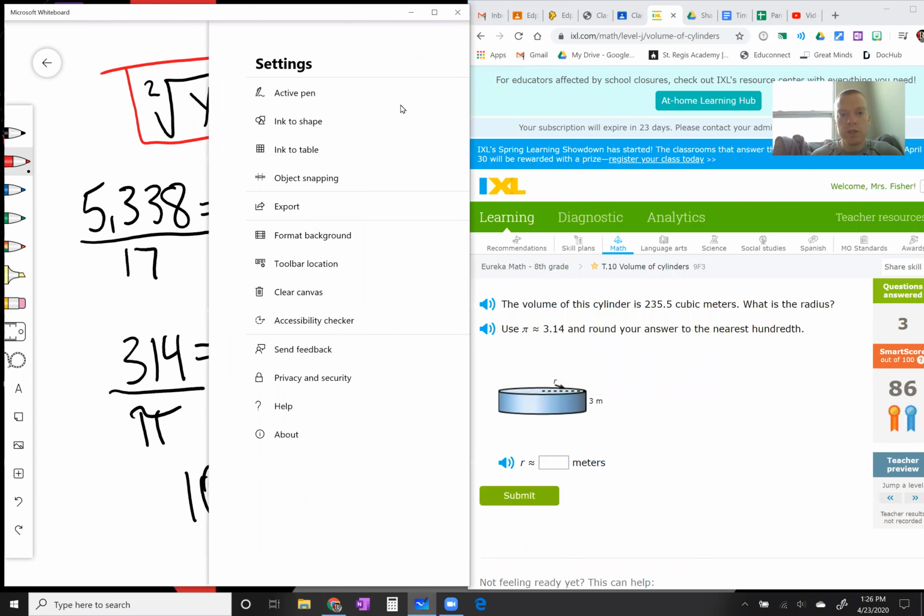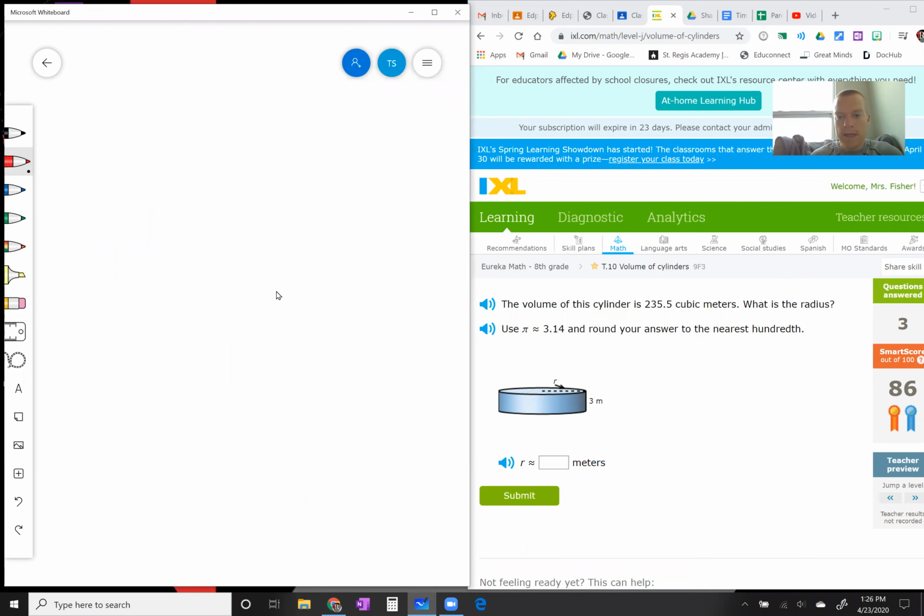Okay, let's do one more. On this one, the volume of the cylinder is 235.5, and we need to find what the radius is. Again, it's going to be pi r squared times our height of 3.